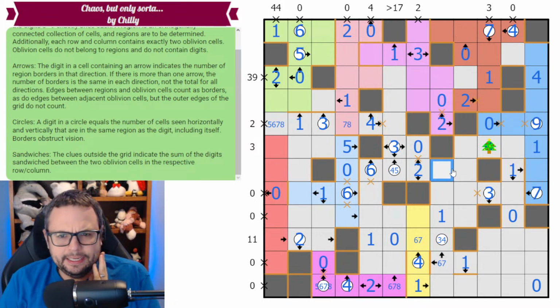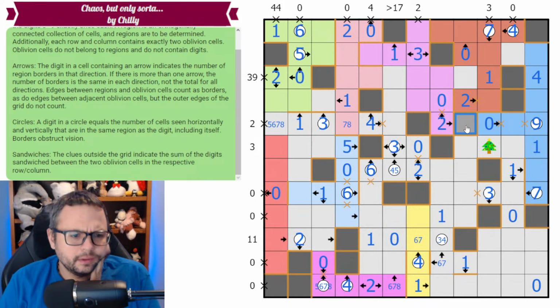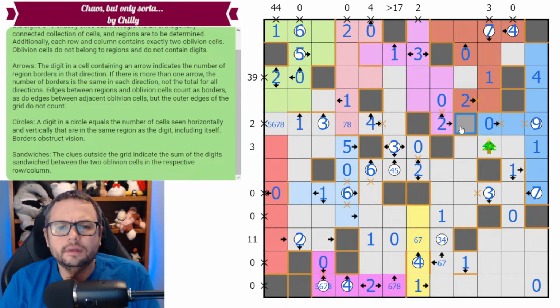Let's see. Okay. The 2 in row 2 is definitely blue, is being pointed out.